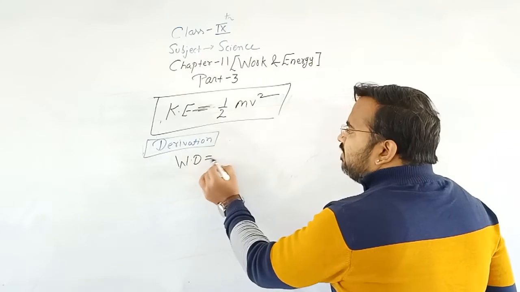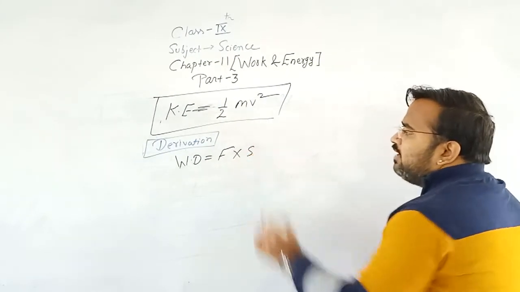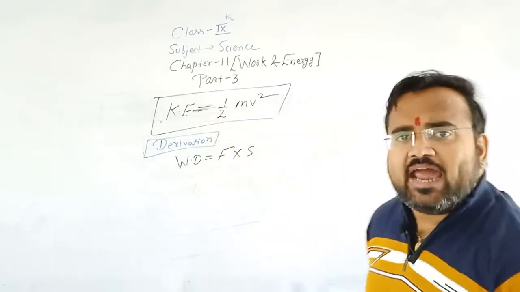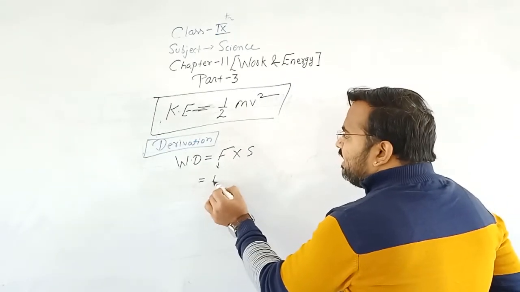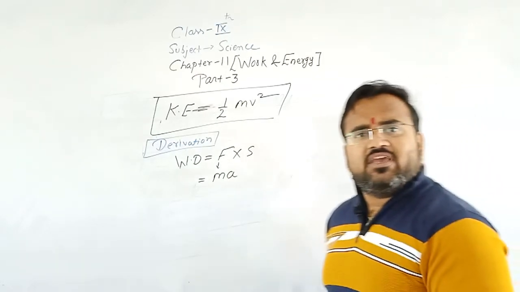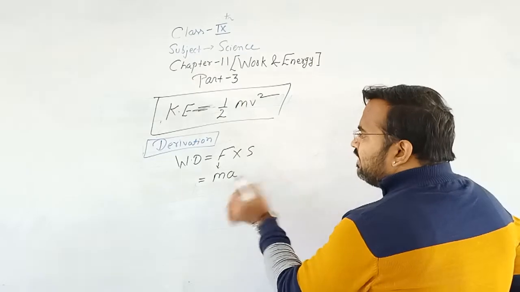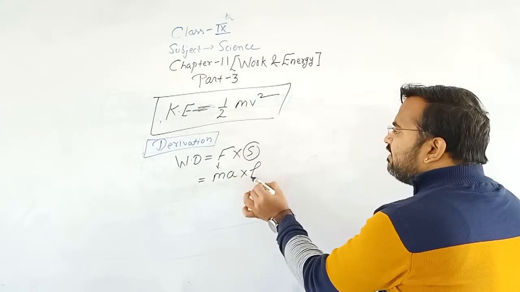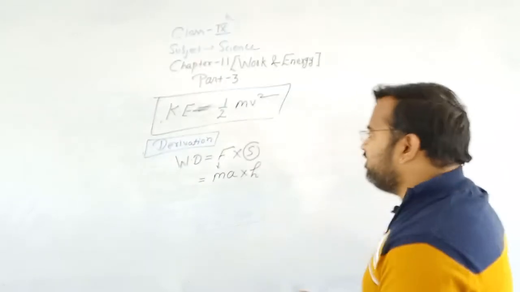We know that work done is equal to force into displacement. As we have seen, work done is the product of force and displacement. Now, instead of force, I can write ma, mass into acceleration, into, instead of s, the displacement through which the object has been displaced.